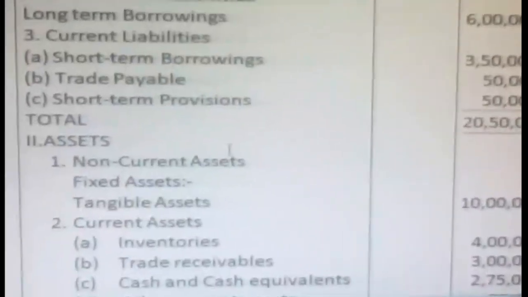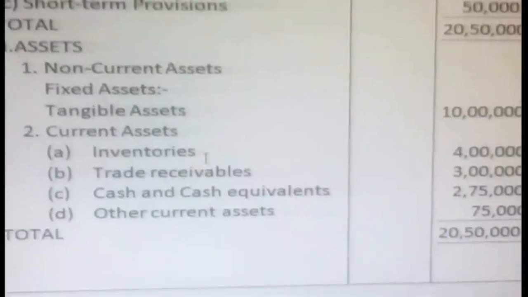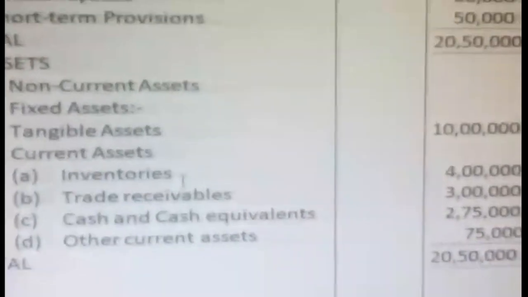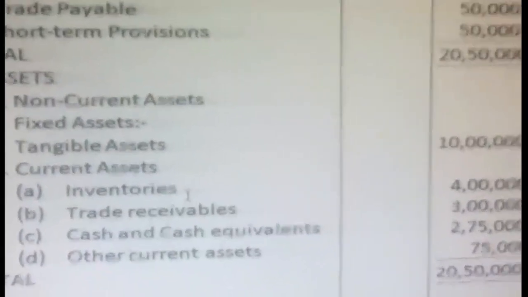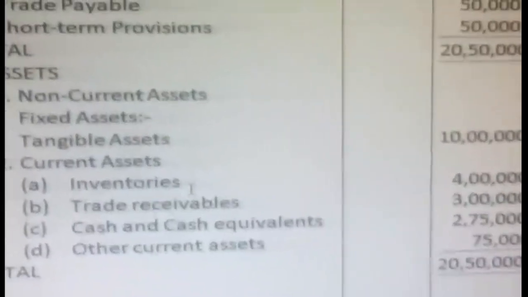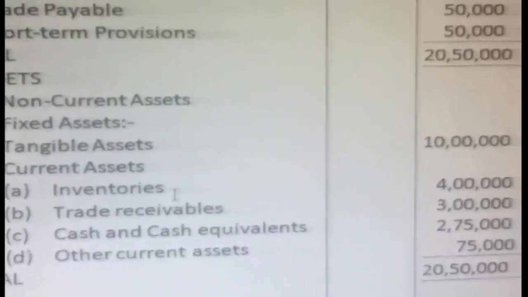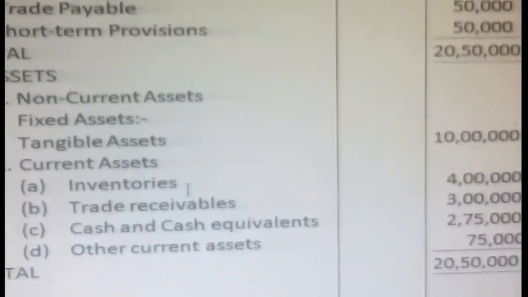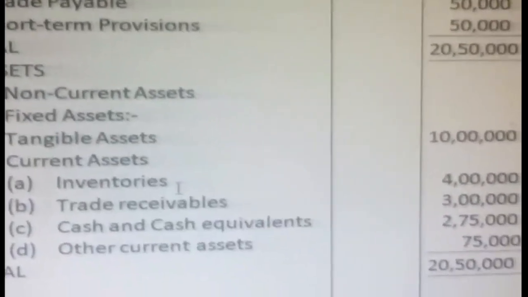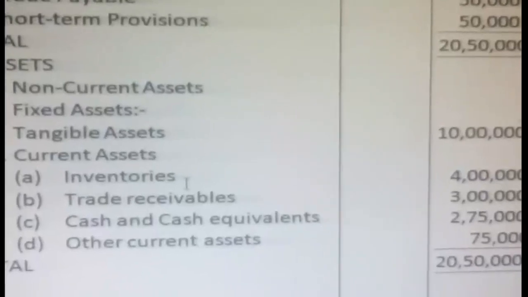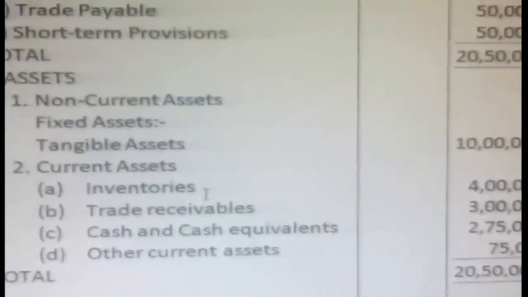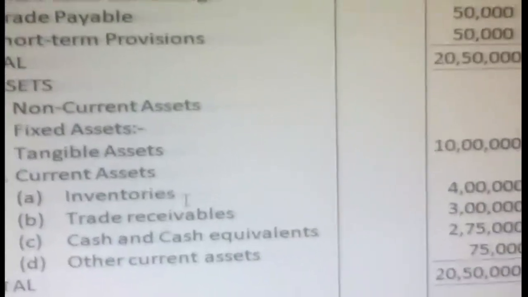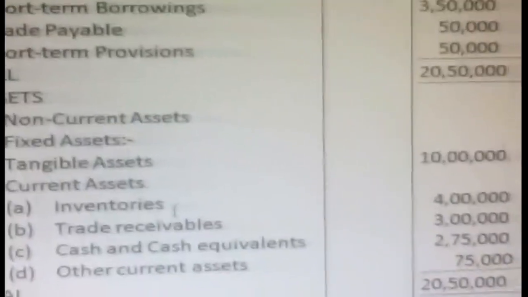Similarly, on the asset side, they have given non-current assets, under that fixed assets, tangible assets 10 lakhs, then current assets: inventories 4 lakhs, trade receivables 3 lakhs, cash and cash equivalents 2 lakhs, other current assets 75,000. Altogether it comes to 20 lakhs 50,000.